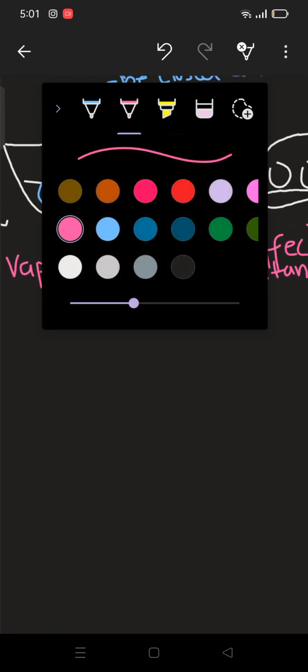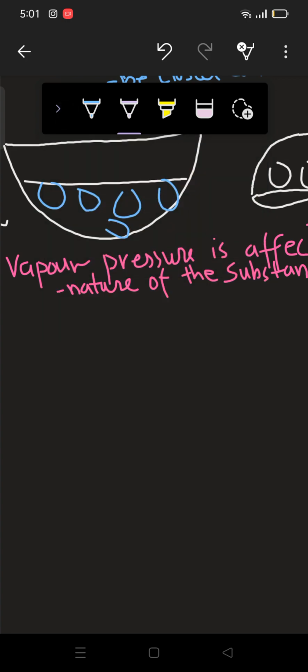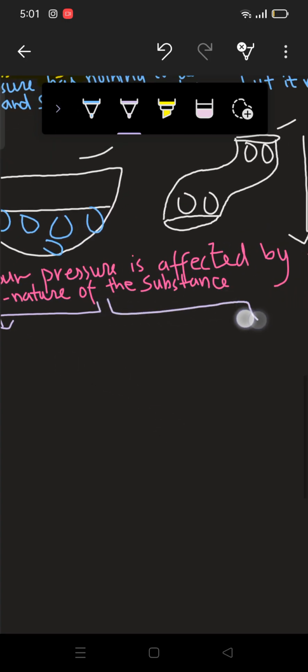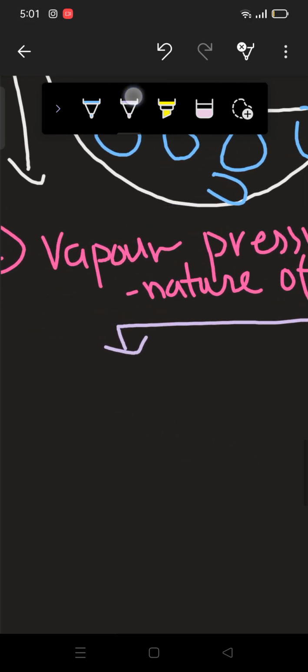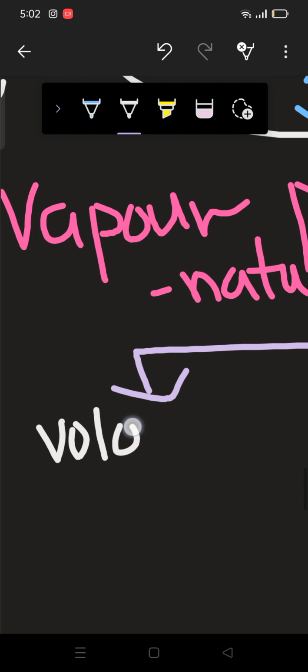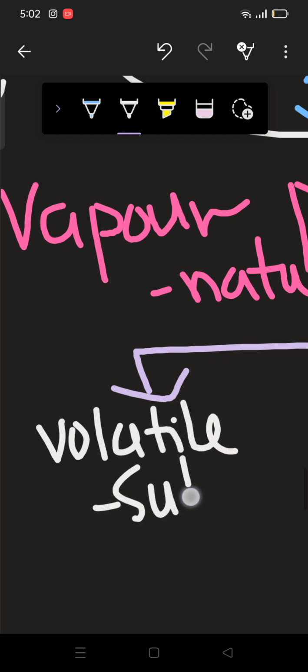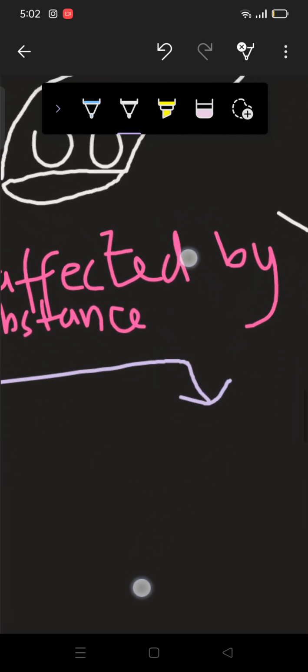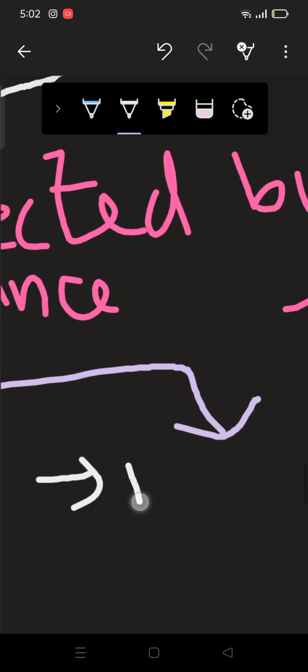Now see, we have two types of liquid. We have two natures of liquid. The first nature is volatile substance. And the second is non volatile.